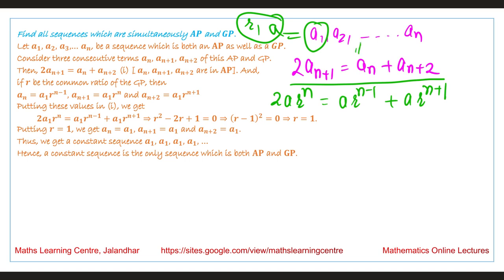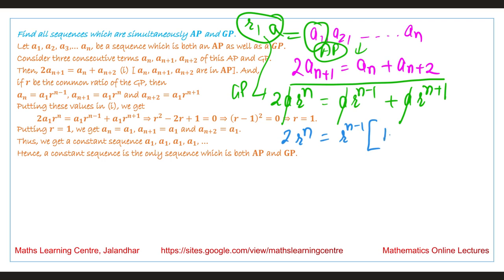We are getting this result from the condition of AP and from the condition of GP. Now A clearly cannot be 0 because it is a GP, so the first term cannot be 0. So what we are left with is 2R^n = R^(n-1)(1 + R^2).